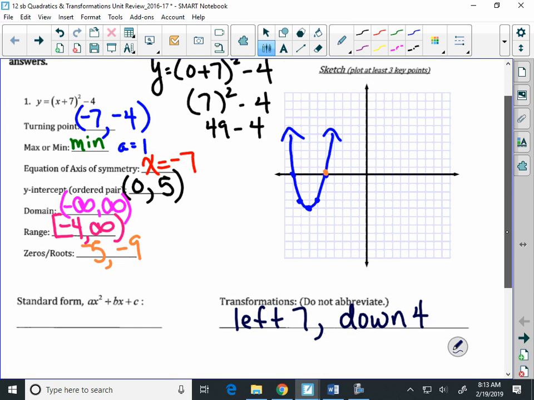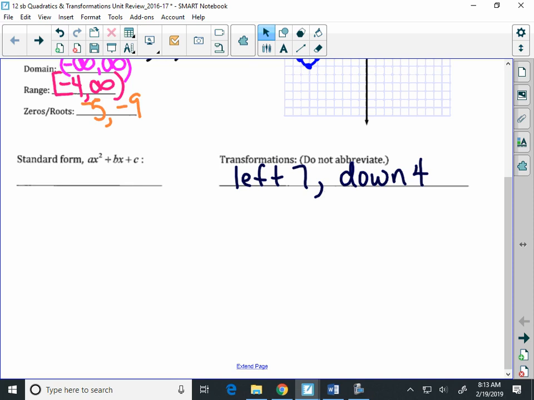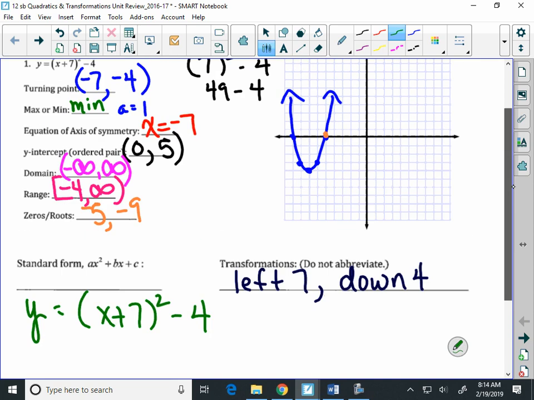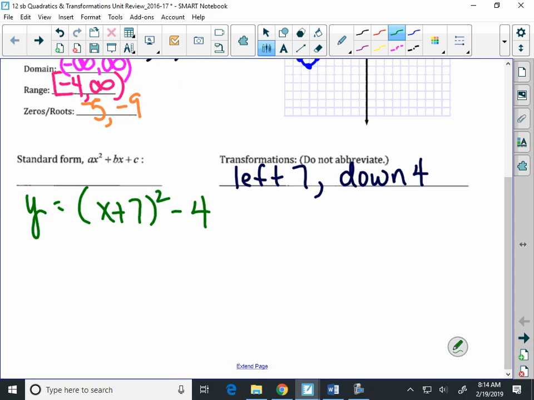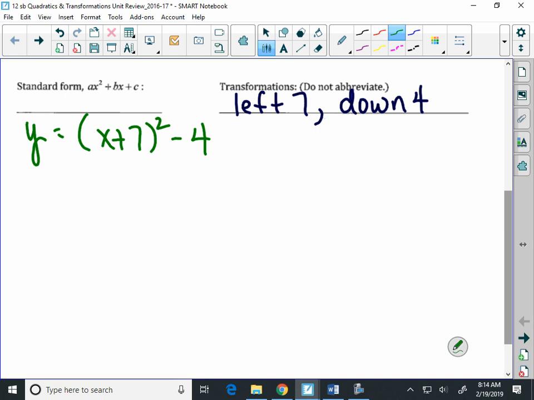And lastly here we want to put this graph into standard form. So the original equation is y equals x plus 7 squared minus 4. And what we need to do is take the x plus 7 squared and rewrite it as x plus 7, x plus 7, and minus 4.